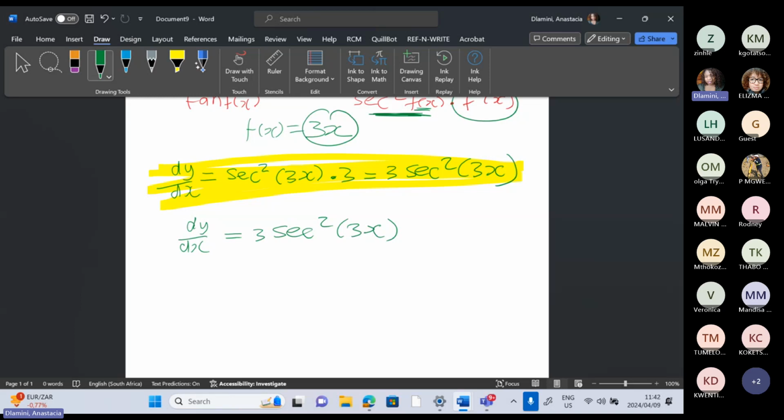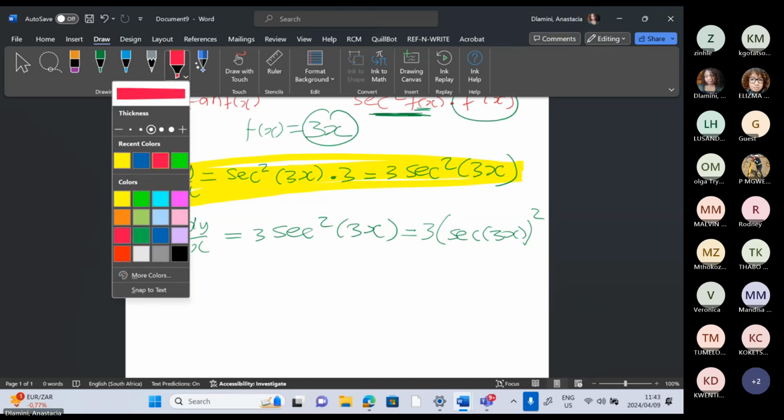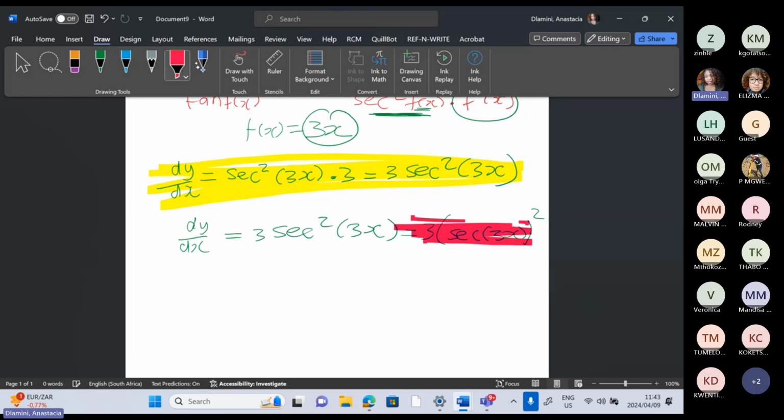Do you see you don't have sec squared of f of x? Meaning this can be written as 3 times sec 3x, squared. Are we together there? Thank you. Now, from here, which rule are we using?